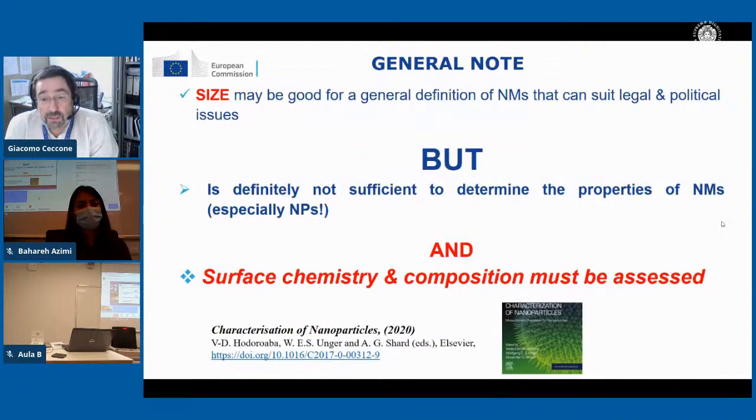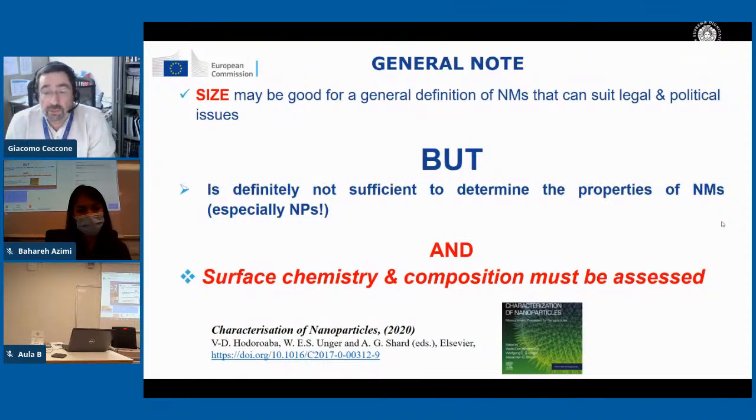More in general, there were a lot of studies by people using surface analysis for catalytic studies in the 80s, where they came out with some general notes in which size is one of the properties of the nanomaterial that can be very good for definition, also for legal and political issues, but is definitely not sufficient to determine the properties of the nanomaterial.